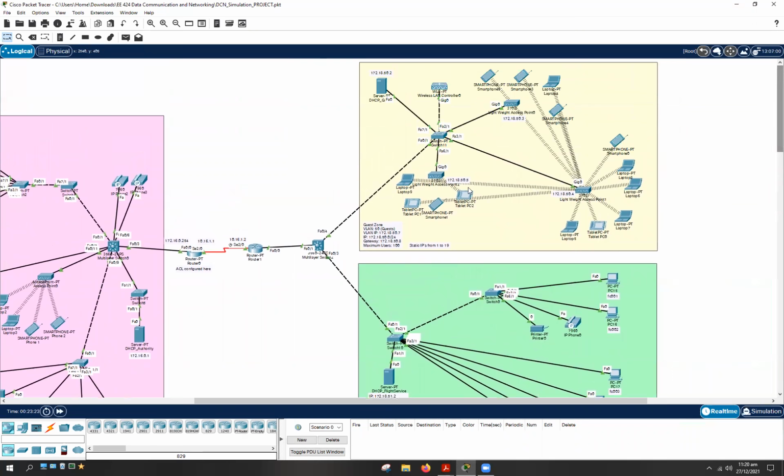So we configured these settings using ACL on this router right here. We also used multiple switches, but the ACL, or access control list, configuration was performed on these routers right here, which allowed these devices to be only connected to the internet, and not able to access the database of the airport authority network, right?